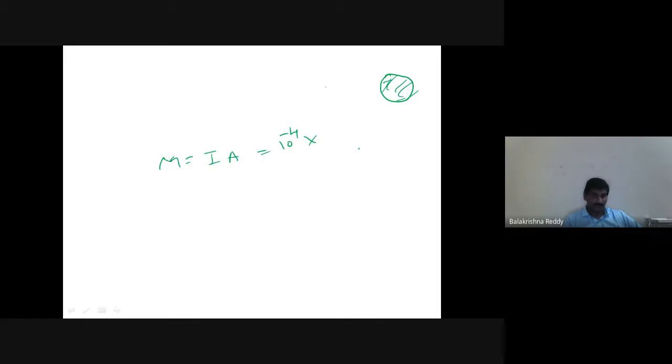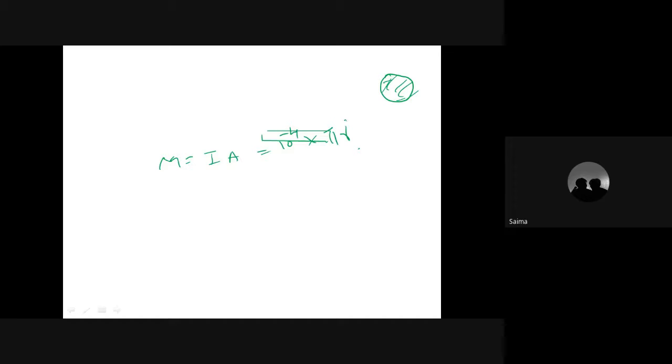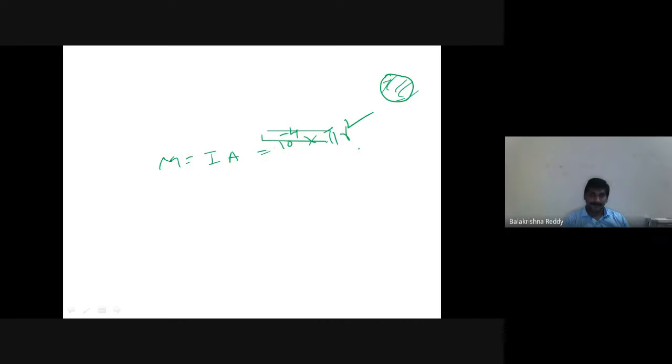So 10 to the power minus 4 into pi r square. Better to write the current as e v by 2 pi r into pi r square, so we can easily do the calculation.